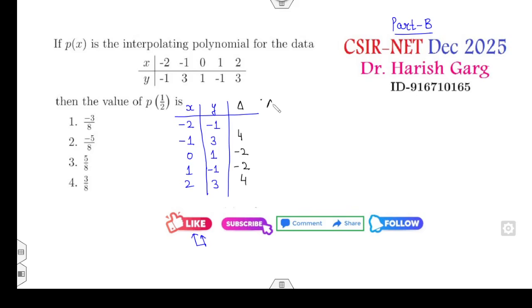Now look at the second divided difference. For the second divided difference, you divide by 2, and the solution is minus 6 divided by 2, 0 divided by 2, 6 divided by 2.